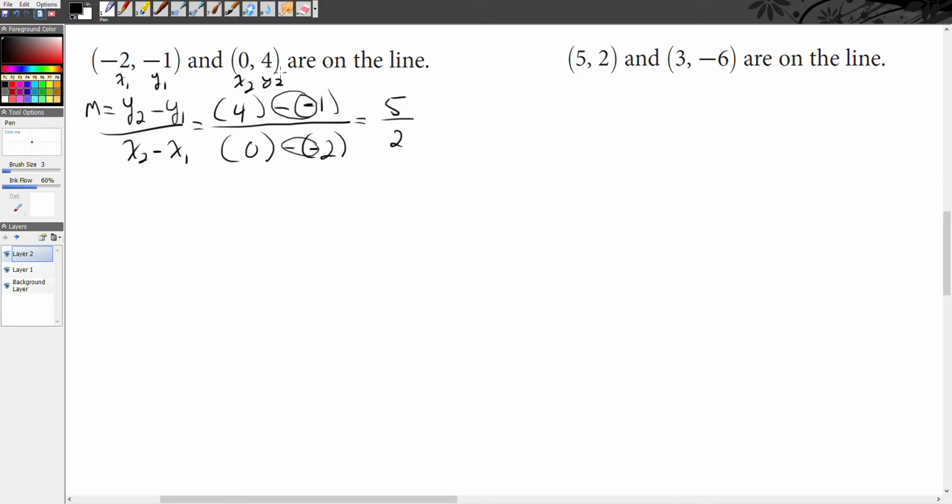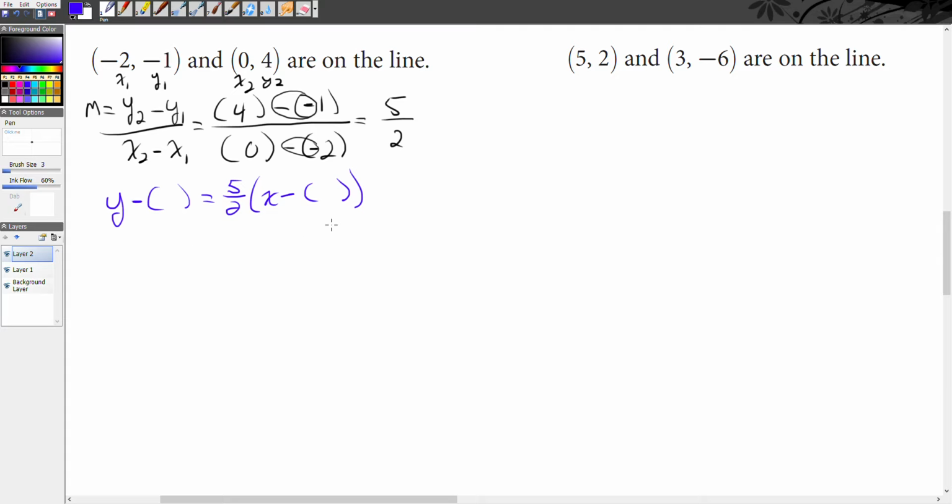So my slope here is 5 over 2. Let me just double check and make sure. 4 minus -1 is 5, and 0 minus -2 is 2. I did this correct. So my slope is 5 over 2. So let's go ahead and plug this in to our point slope form. So y minus y1 equals our slope 5 over 2 times x minus x1.